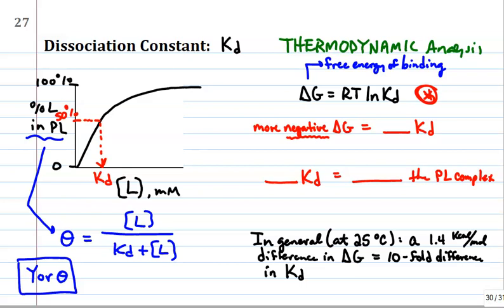So let's just cut to the chase here. The more negative the delta G, the more negative delta G. Now, how do we get a negative delta G? This goes back to what we've done over and over again.